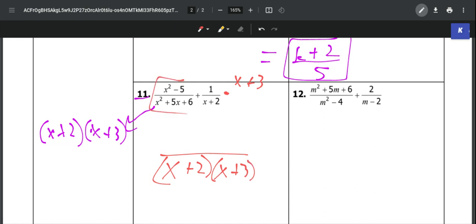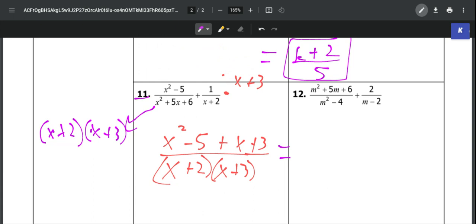And so our left side here, we'll just pull down x squared minus 5 plus x plus 3 times 1, which is just x plus 3. So now we just have to combine everything. Then we may have to go back and factor everything out again. But now we've got our setup that we need.